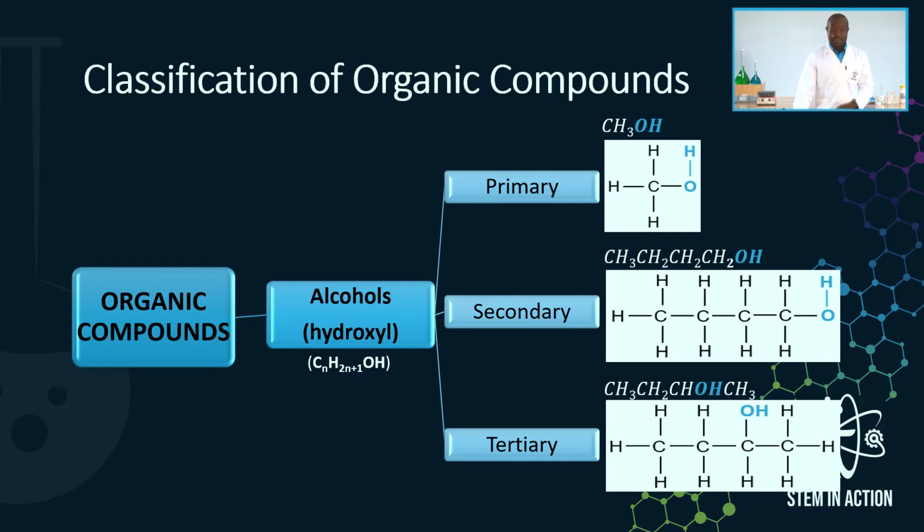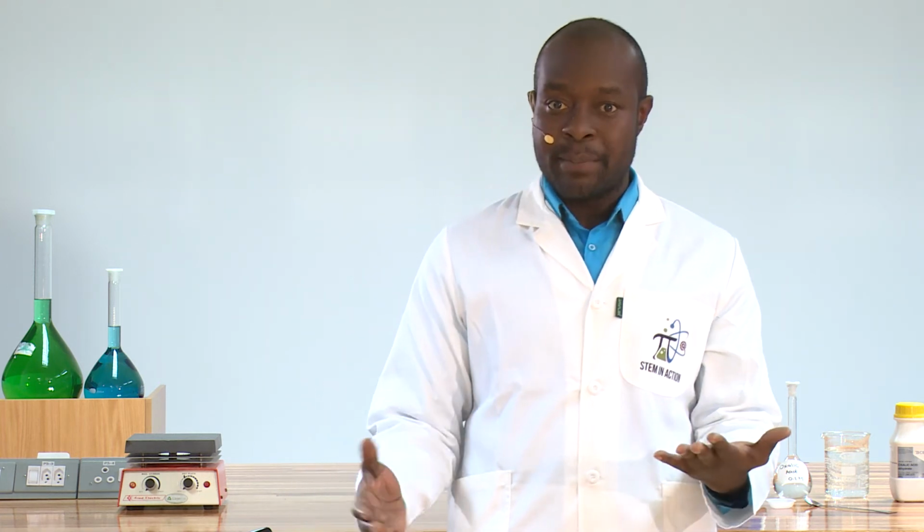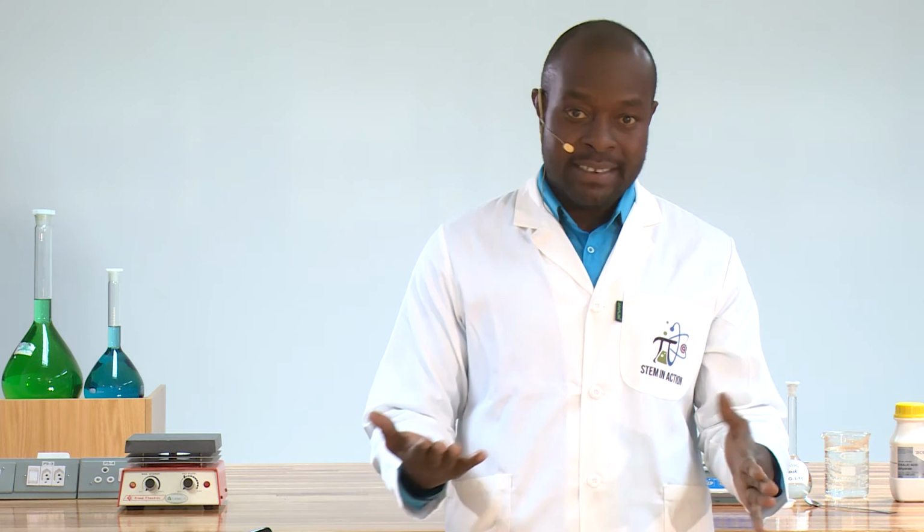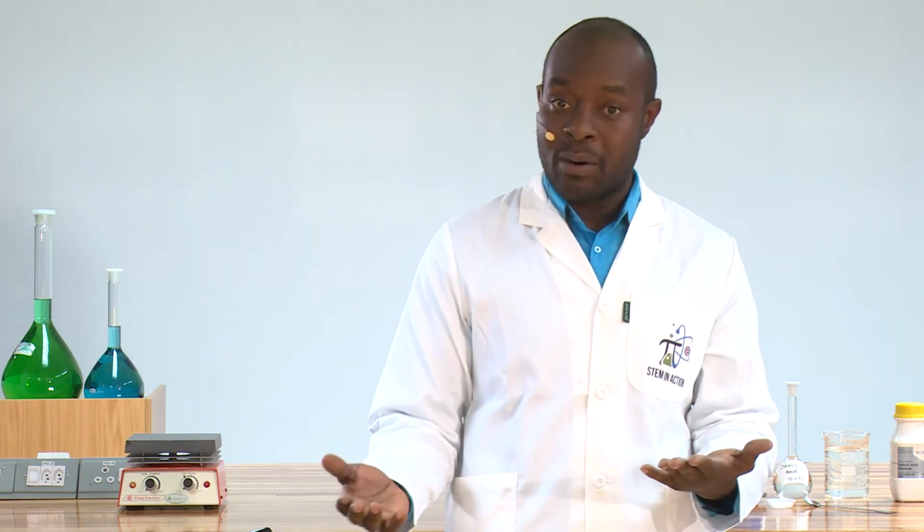So it can also be used as fuels. And alcohols are also used as detergents because they are antiseptic. So most germs or bacteria can be killed if you apply an alcohol like ethanol. So they are also used as detergents. So what are some of the uses for our alcohols?